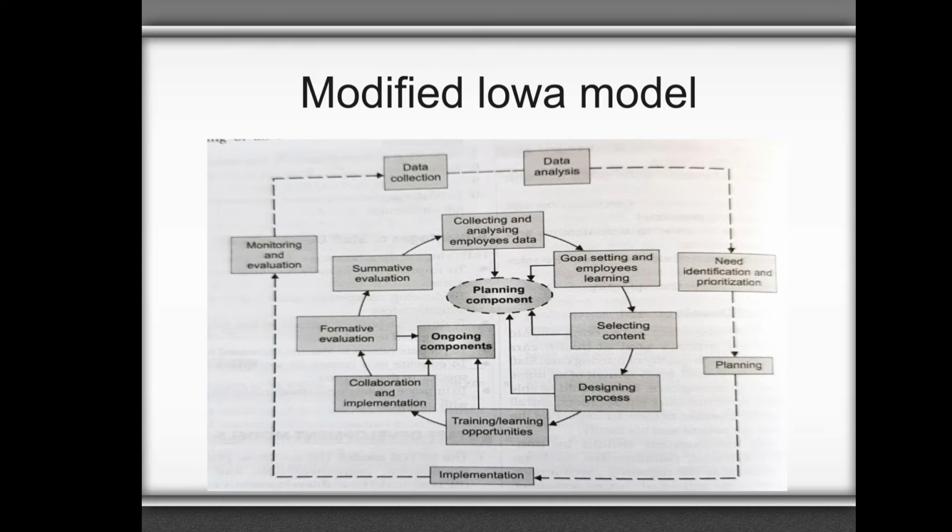Then selecting the content, which we are going to deal with during the implementation stage. Then the designing process, that means the blueprint. The whole program is designed: what, where, when, how, and why. Every aspect is planned and finalized in the planning stage.